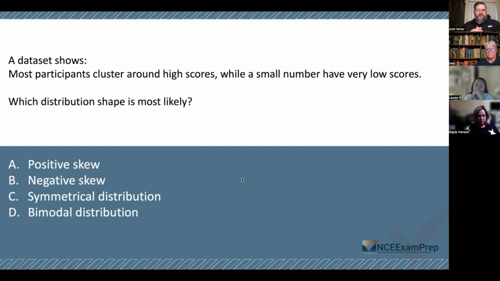Well, it says most participants cluster around the high scores. So would it be positive? Would it be A? If most of the participants are on the high side, is the high side going to be the right or the left? It's going to be on the right.